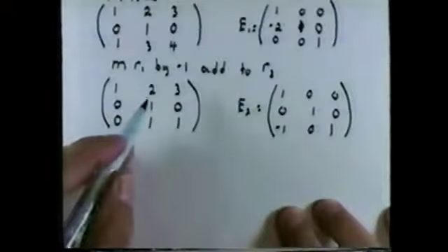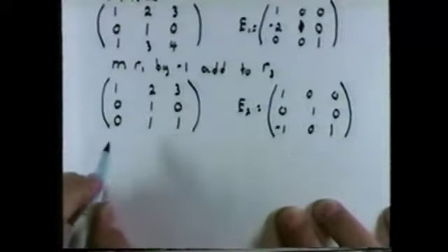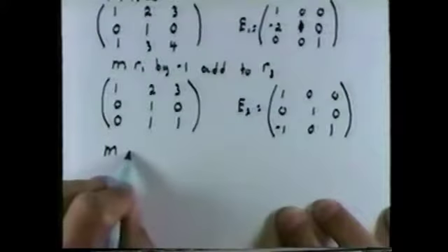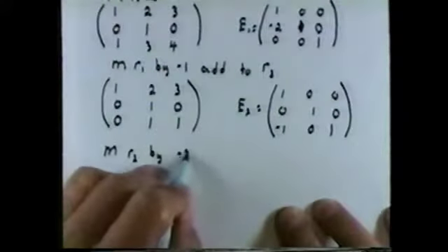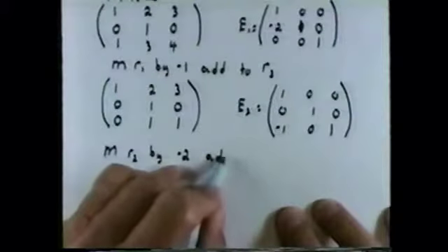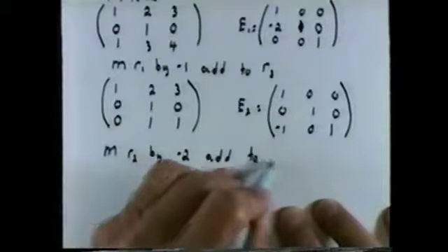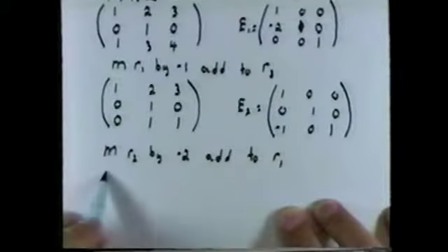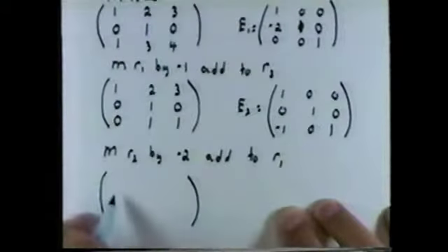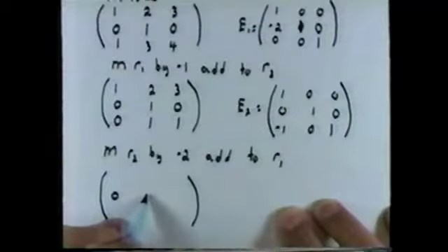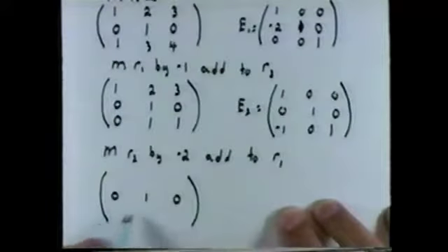Continuing in the reduction process, I'm going to multiply row 2 by negative 2 and add to row 1. So I'll just write down rows 2 and 3.